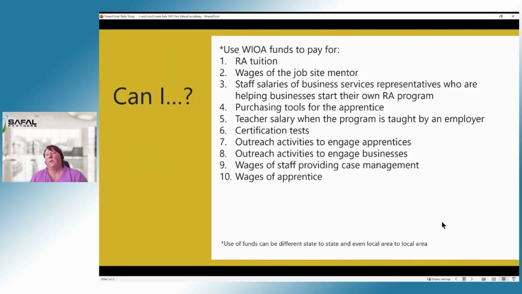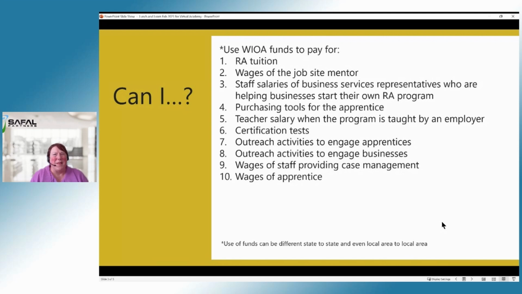What about paying for the wages of the job site mentor? Have any of you done that yet? Have any of you paid for the wages of a job site mentor? And if you have not paid for it, are you wondering how the heck would I ever do that?